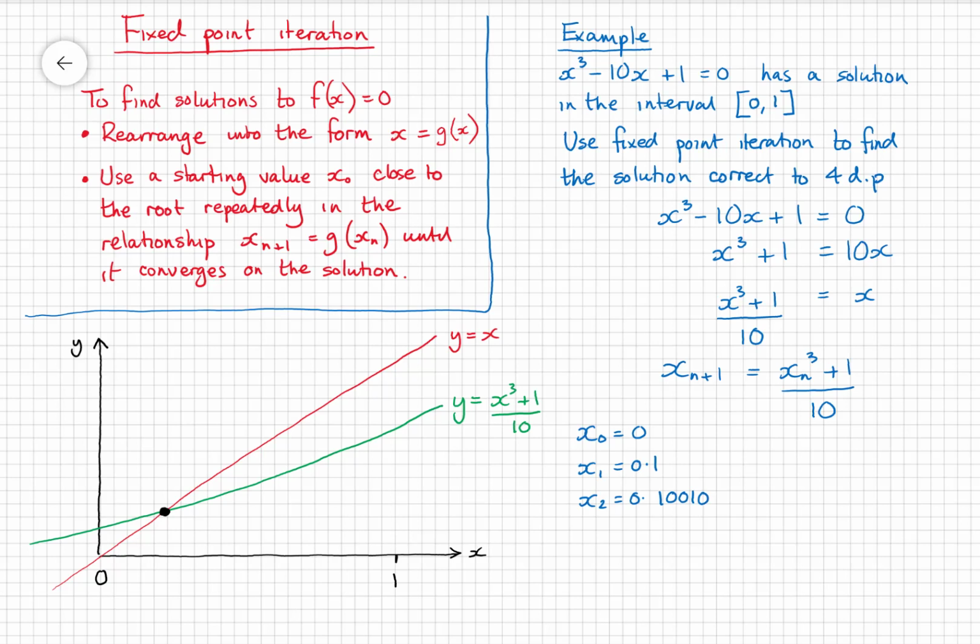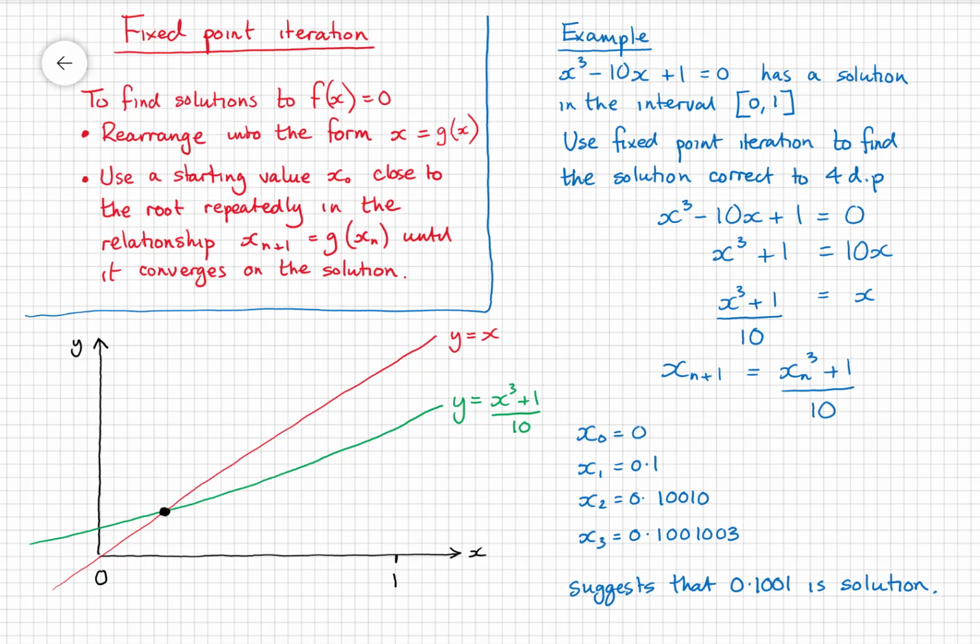Now I've added an extra 0 because that was exact, and therefore just to go one further than the 4 decimal places, I've added that last 0. And then again, x3 is equal to 0.10010003. And all of this suggests that the correct solution to 4 decimal places is 0.1001.